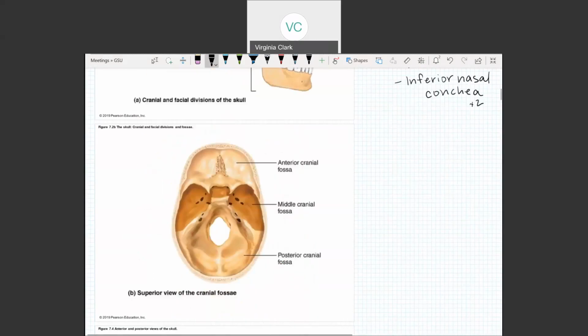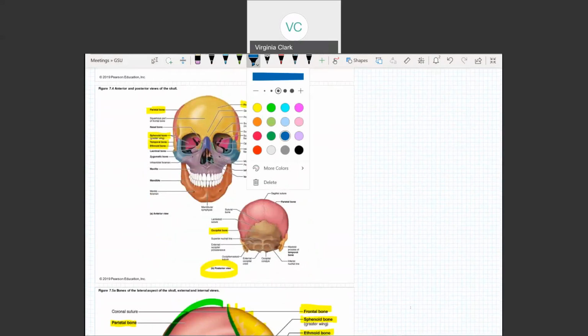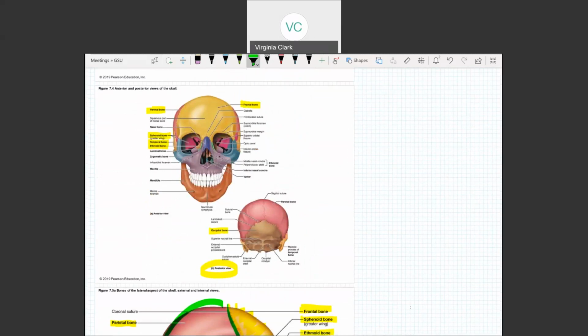So when we go down and look at this region of our face and we're looking at our facial bones, you'll notice here is your lacrimal, your zygomatic. So lacrimal is making up the tear duct. Your zygomatic is making up the cheekbone. Your maxilla, which is going to be only one bone, and that's going to be the front of your cheeks and the top of your mouth.